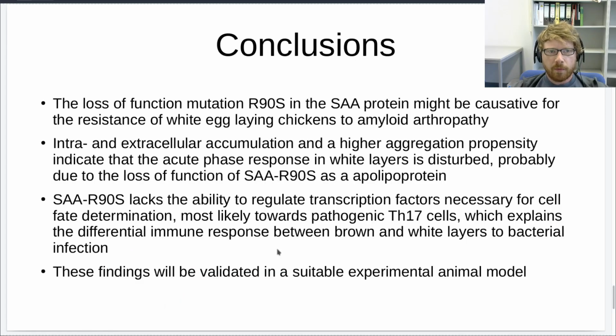So our final conclusions are that the loss of function in the SAA protein might be causative for the disease resistance, that the intra and extracellular accumulation leads to a disturbance of the immune response of white egg-laying chickens, and that the SAA R90S mutation lacks the ability to regulate transcription factors necessary for cell fate determination, which explains the differential immune response between brown and white layers.